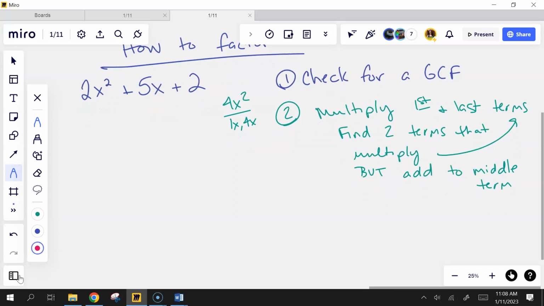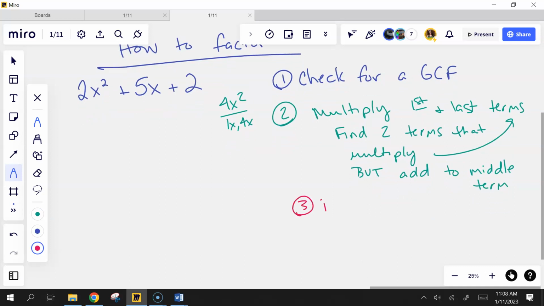I am going to rewrite the middle term. If this is the same thing as 5x, then all I'm going to do is split 5x up. I'm going to write this as 2x squared plus 1x plus 4x plus 2. I haven't changed anything, right? I just wrote 5x different. It's like instead of writing 6, writing 2 plus 3. Same value, same thing. I just wrote it a little bit different.